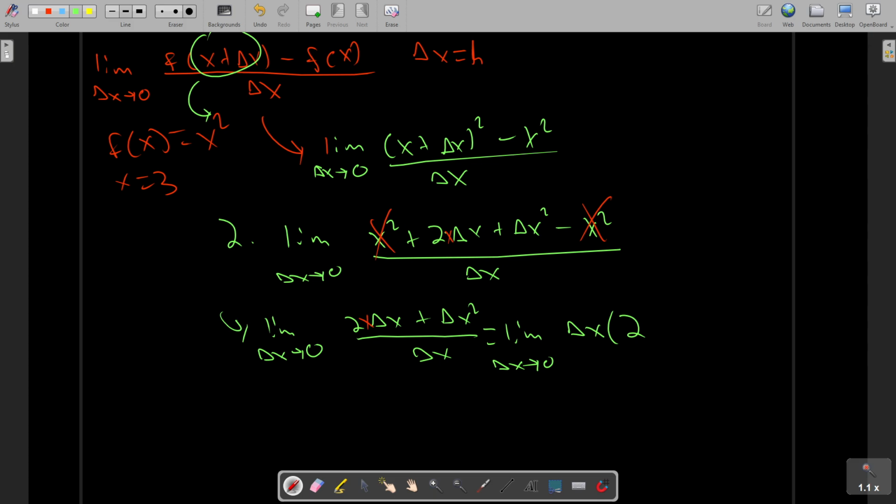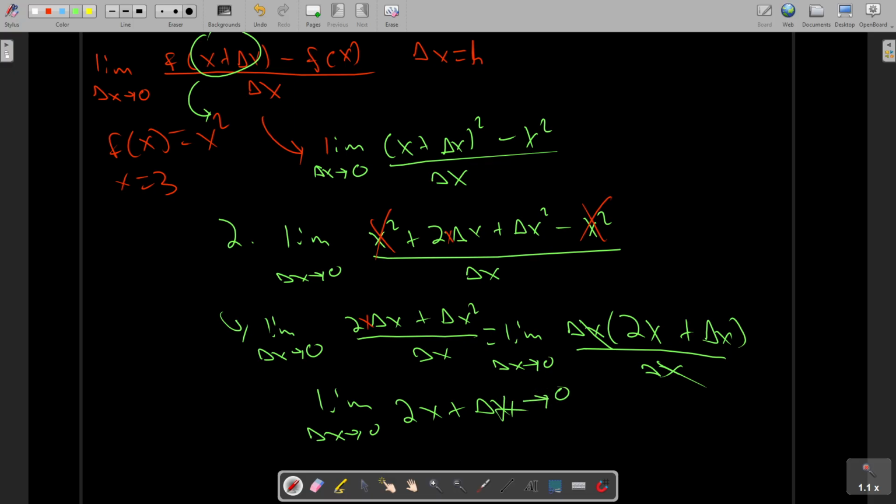So this will be 2x plus delta x over delta x. Now these delta x's cross out, and you can see that you're left with something where it's not going to be over 0, so it's okay. So we have the limit as delta x approaches 0 of 2x plus delta x. And so this delta x is going to go to 0, and then you're just going to be left with 2x.